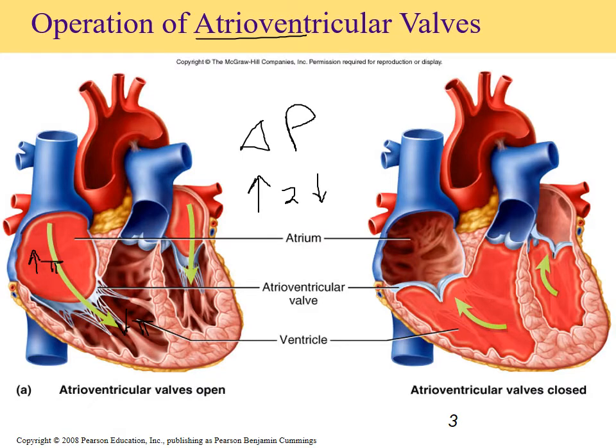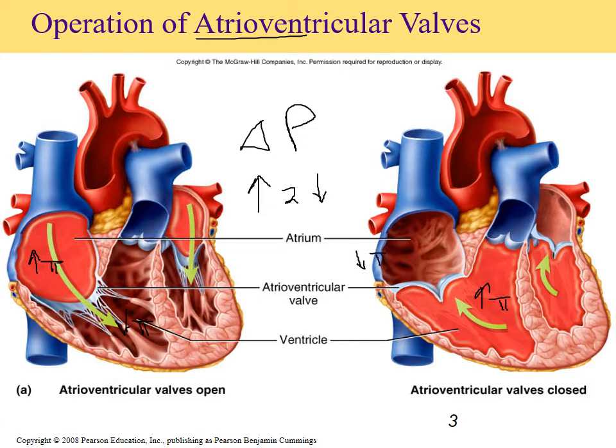Now, as you can imagine, as the blood goes gushing in, the ventricle fills up. As the ventricle fills up, it now starts to have a high pressure point because the blood is pushing against the wall of the chamber. At a certain point, the pressure is higher in the ventricle than it would be in the atrium.